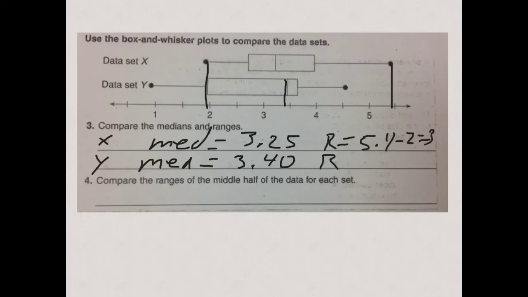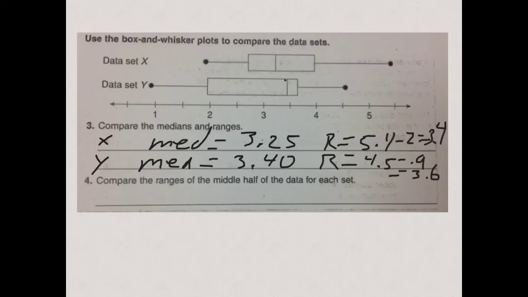So I get 3.4. And my range down here for this one, 4.5 minus, it's a little less than 1, so let's say minus 0.9, that would be 3.6.